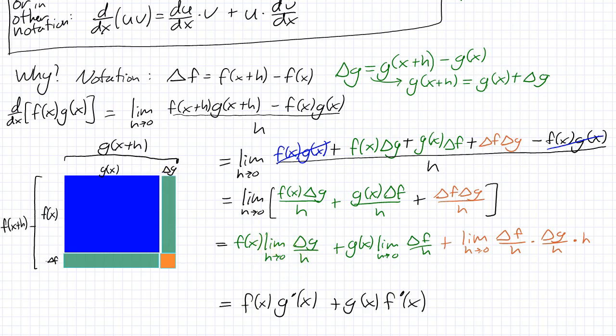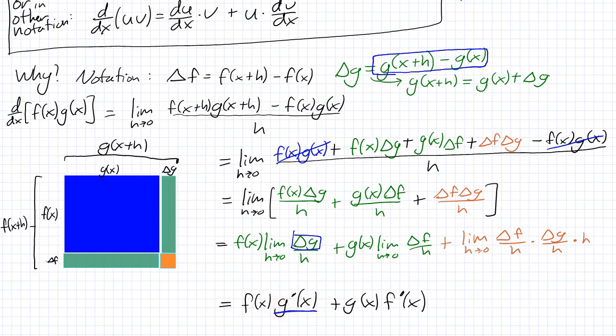As the delta g gets smaller and smaller, that delta g is really the same thing as, remember, g of x plus h minus g of x here. And the limit of that change in the output divided by the corresponding change in the input, h, is the definition of this derivative here.